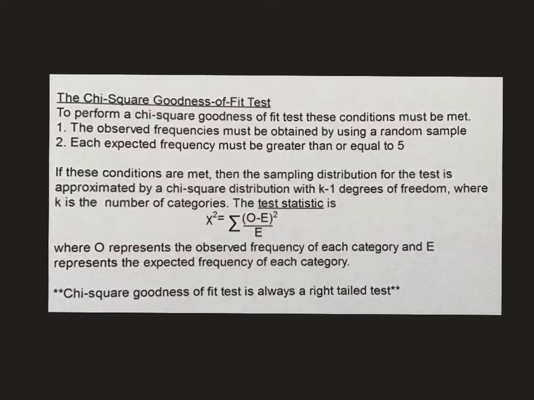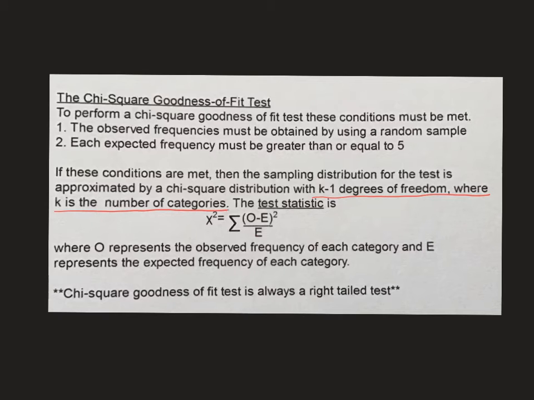And if you were to have one that wouldn't meet those conditions, it'd probably be number 2. It'd probably be that an expected frequency wasn't at least 5. So when those conditions are met, the sampling distribution for the test is approximated by a chi-square distribution with k minus 1 degrees of freedom, where k is the number of categories. So we're going back to degrees of freedom.